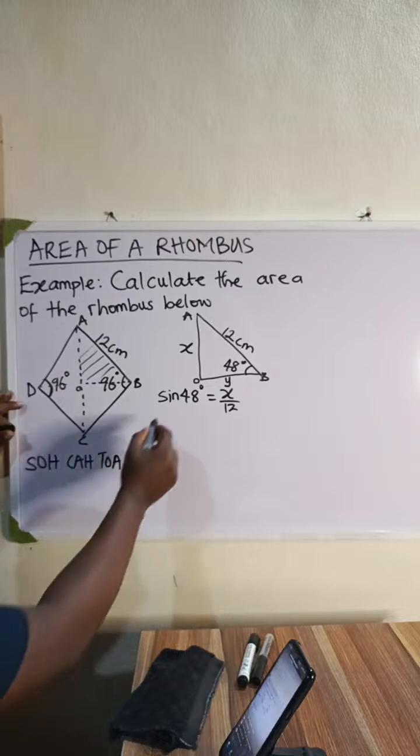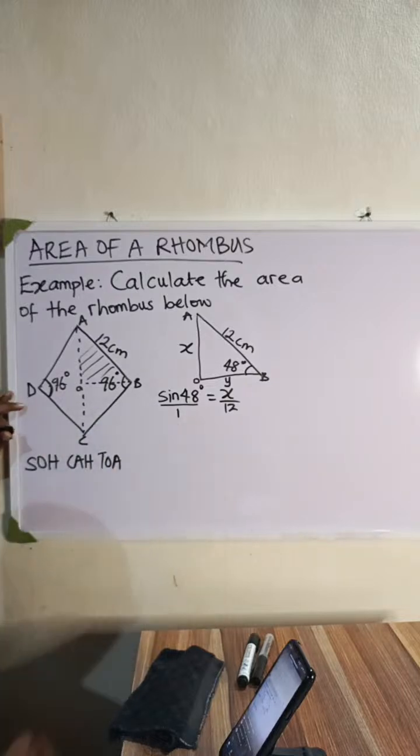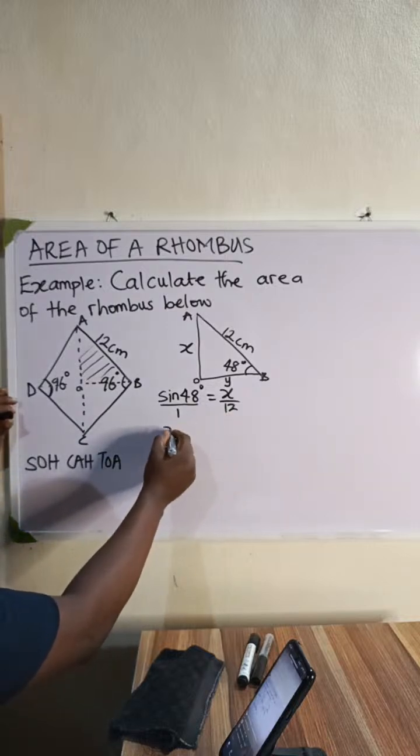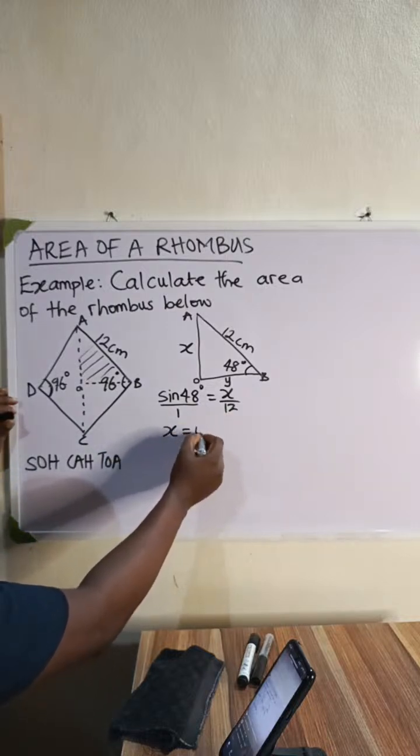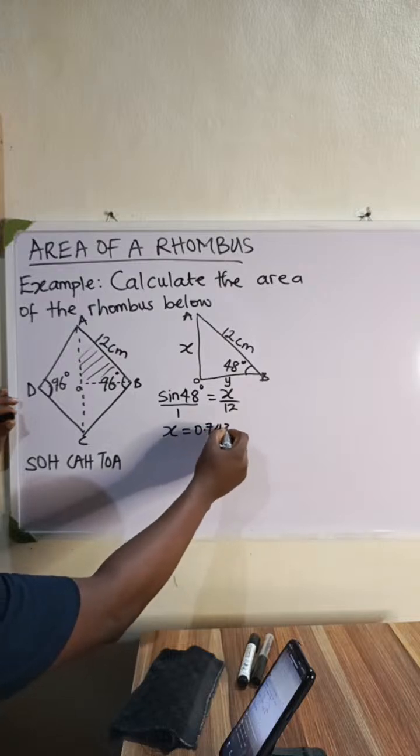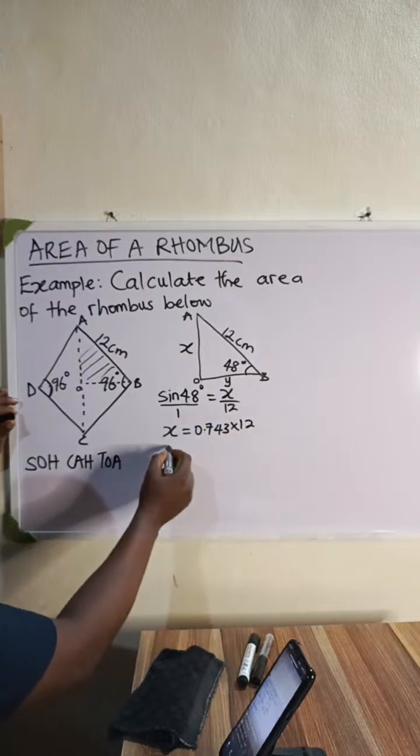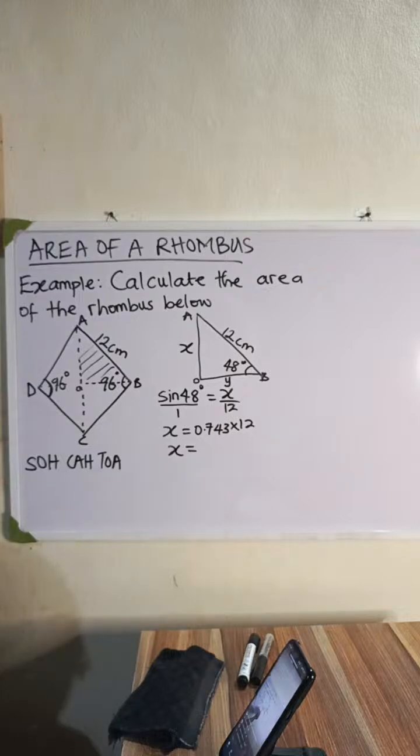So we can still say sine 48 over 1 is the same thing. So has anybody gotten 0.7443? Or 0.74, okay, the same thing. So we can do x times 1 will give us x. We have 0.743 times 12. So what will that give us?